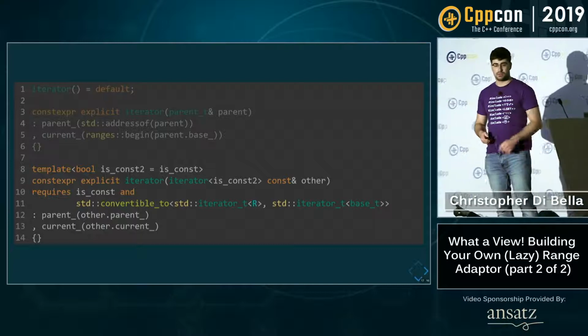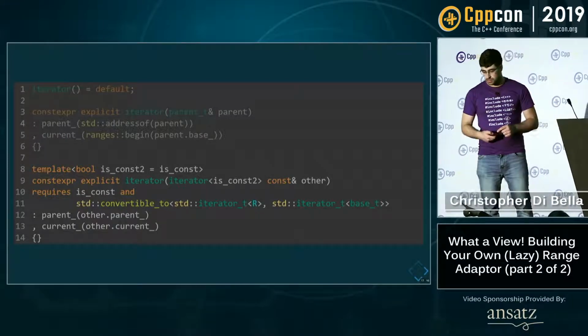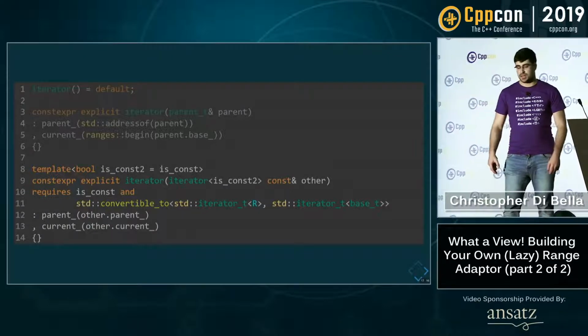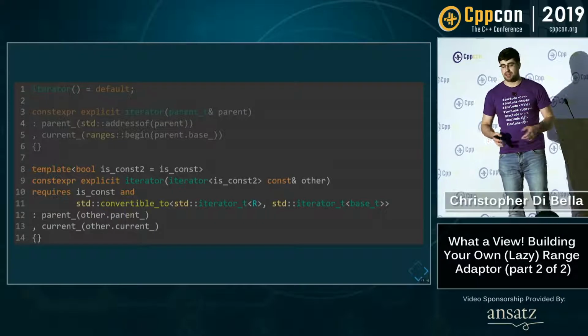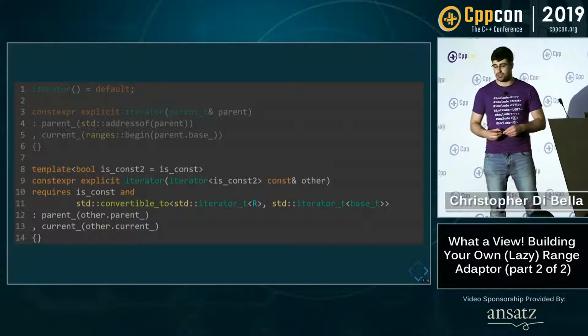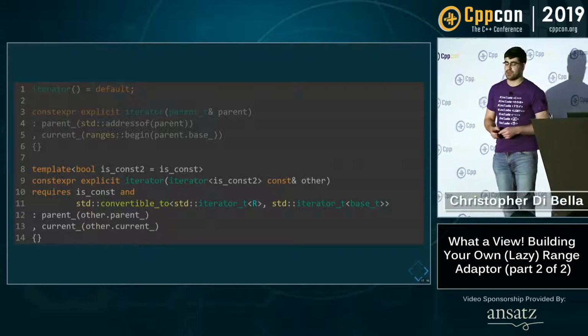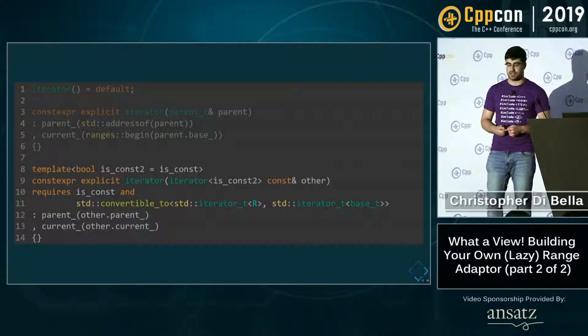Margaret. So the question is, why is there a template head there that says bool const2 equals isConst? Is that correct? The reason for that is because we need to force this to be a dependent context.